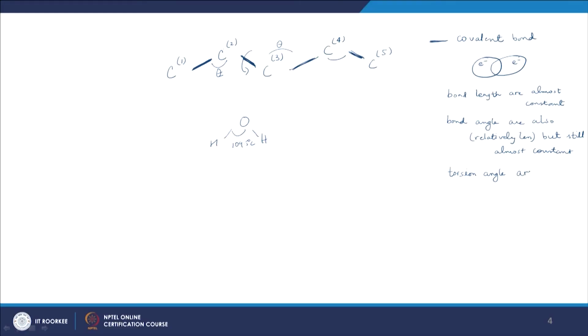So, bond lengths are most constant, bond angles are due to some kind of interactions between the electron clouds in the neighboring bonds, and the torsion angle is now a higher level correlation between three electron clouds, and you can expect that this must be weaker than the bond, and also weaker than the angle, right. So, the torsion angles are relatively more flexible.